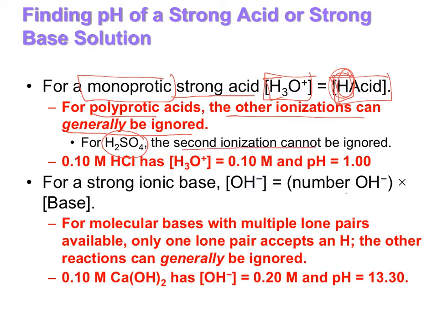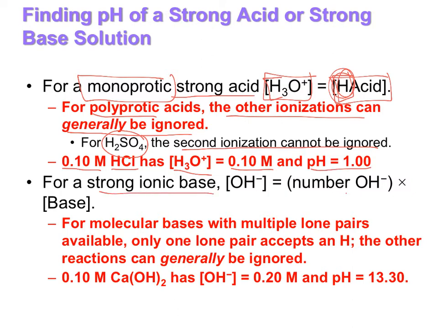This second ionization cannot be ignored. So for example, for the strong acid 0.1 molar HCl, the amount of hydronium will be 0.1 molar. And when you do the pH calculation for that, it'll be 1.